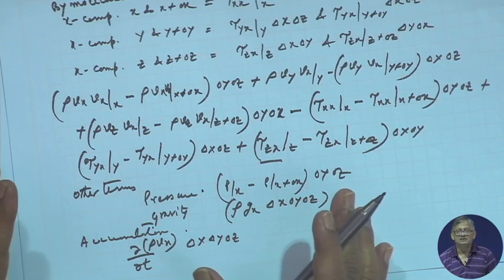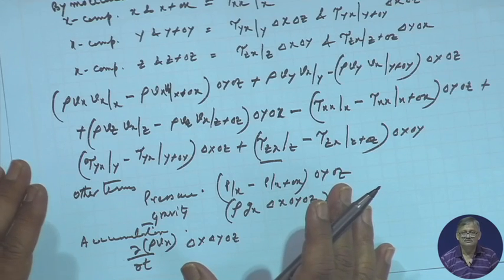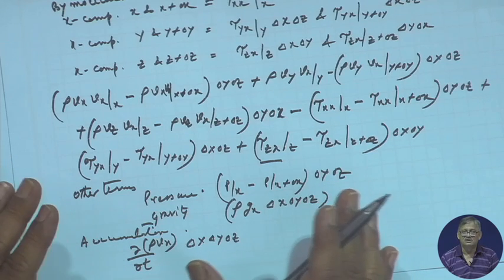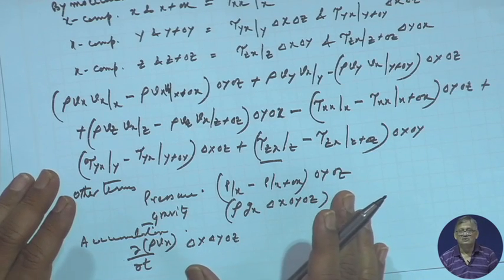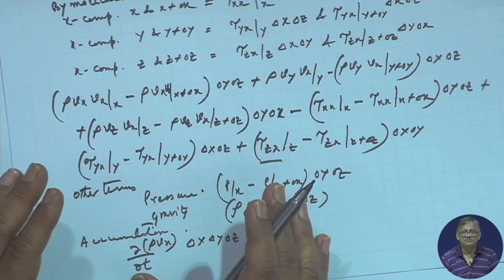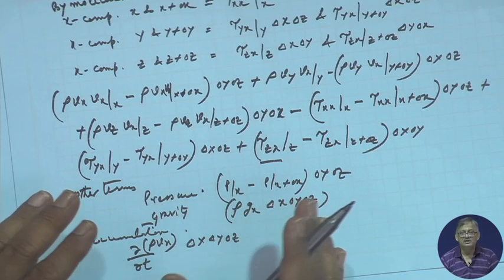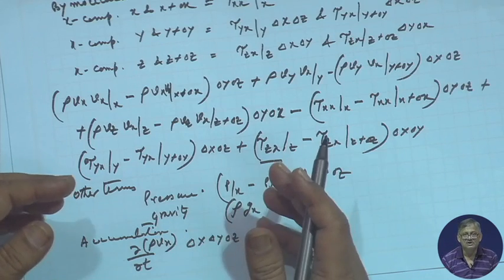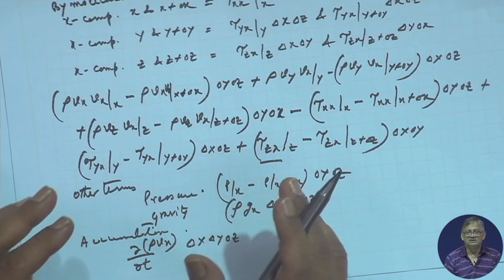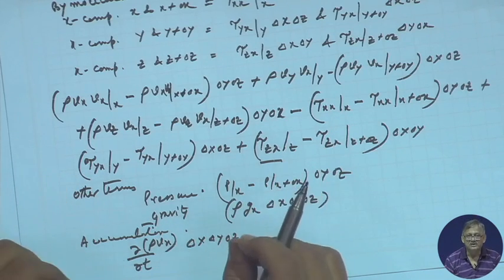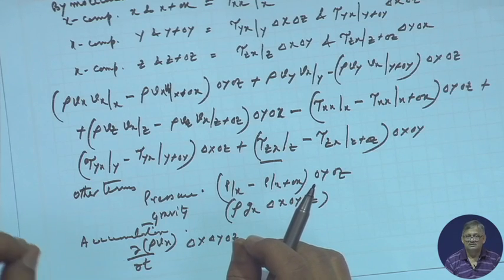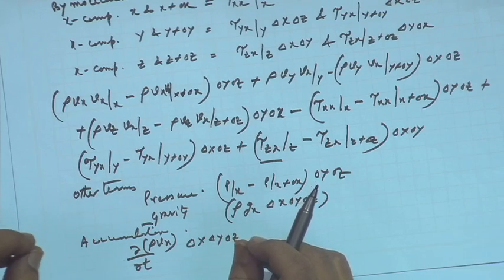So, we have done in this class till now how the molecular transport and the bulk transport can be formulated in terms of the velocity components individually acting on the different coordinates, that is x, y and z.